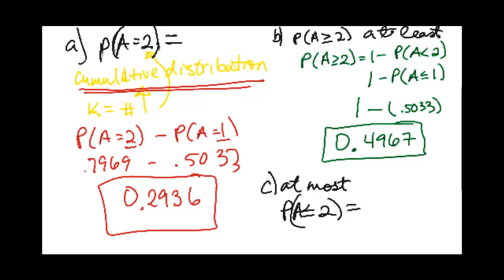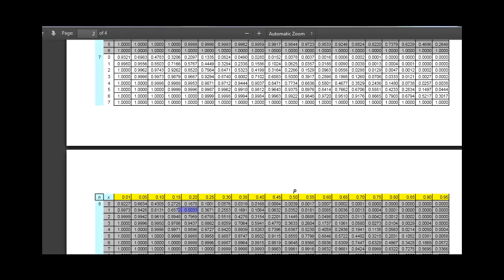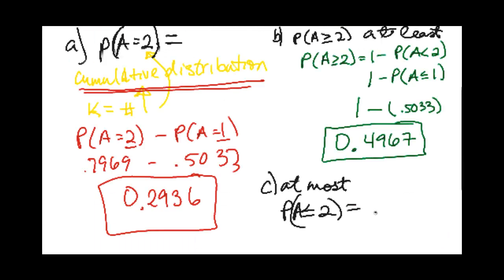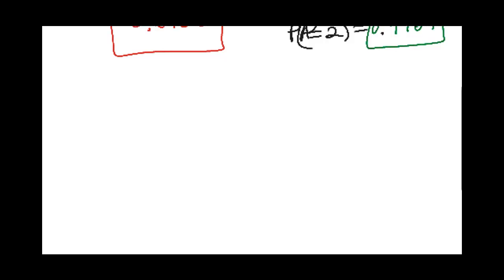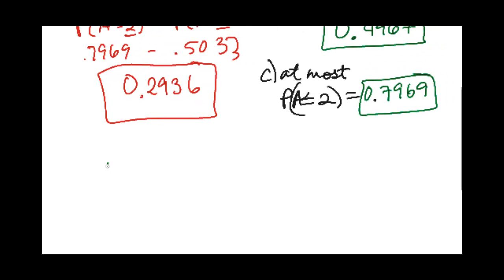In this case, the table value for 2 was 0.7969. So you can see that with a table available to you, it's a lot quicker to calculate these values than without a table.